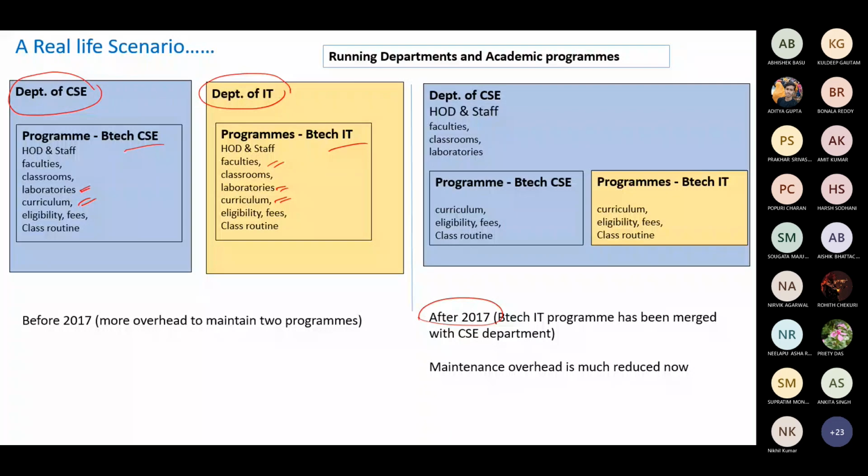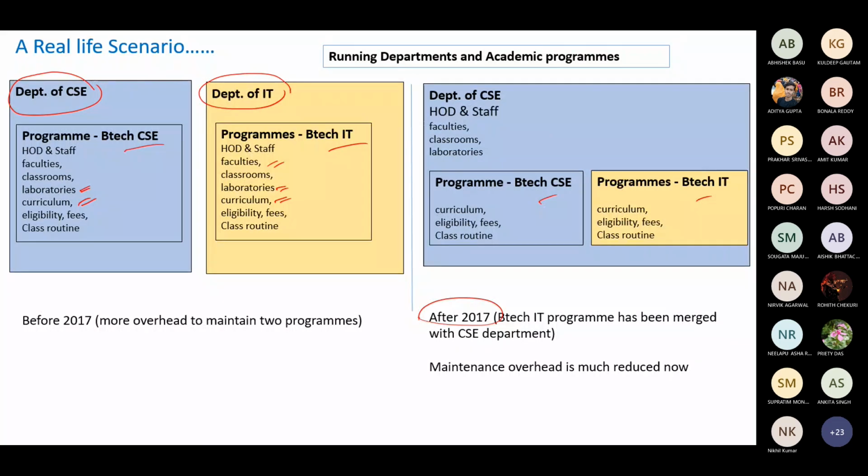When you were in the first year, you probably noticed that BTech IT was the final year batch. After that, the BTech IT program was taken off, and instead of an intake of 100 here and 100 here, now we have a 200 intake in BTech CS. That's a different story.